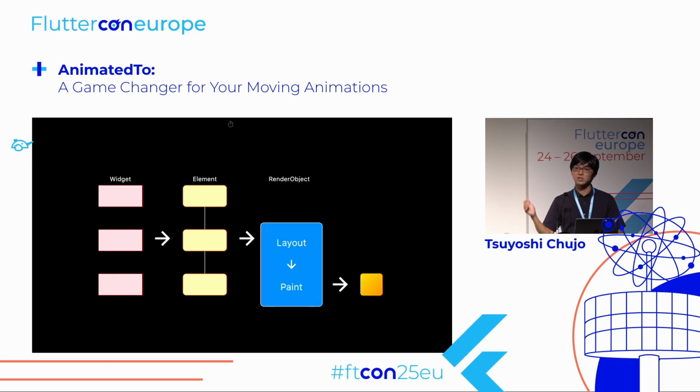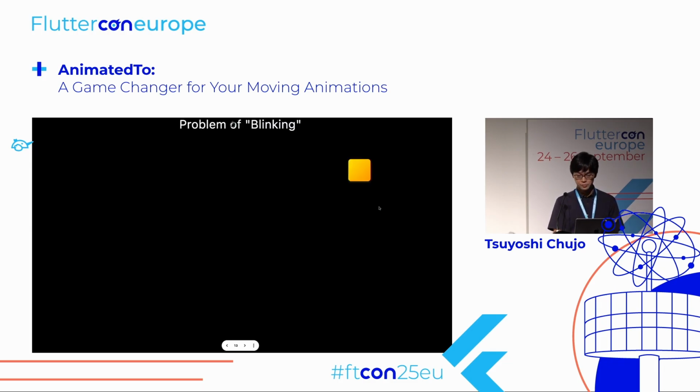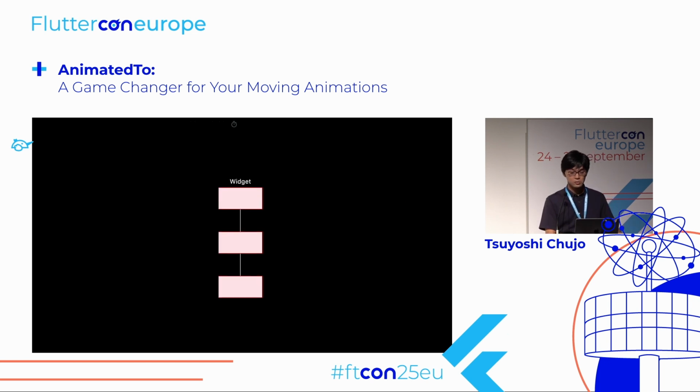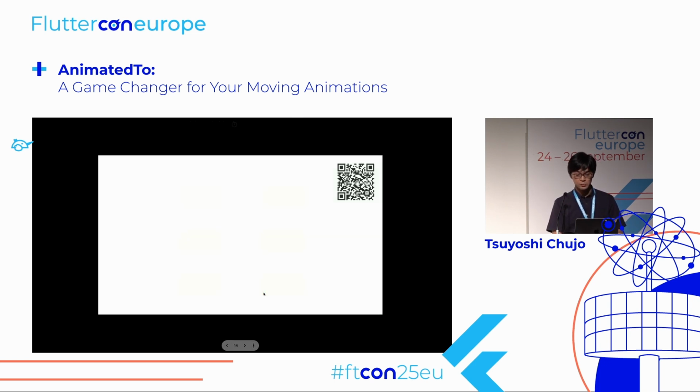But we cannot insert the operation after the layout is done, and the paint is automatically done by the Flutter framework. So we cannot stop this kind of rendering in the first frame, so blinking is happening. So how can we solve the problem?